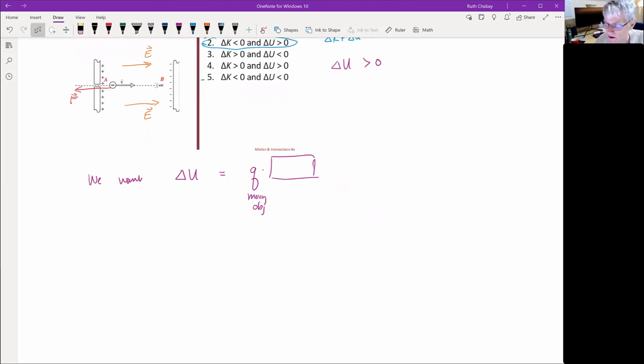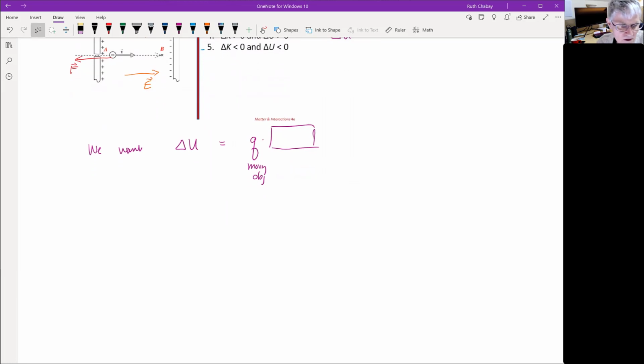Okay, so let's see what we've got here. For the proton case, the change in electric potential energy was, so we're only working with components in the x direction, so we're just going to worry about x components here. We want the negative of the work due to internal forces.